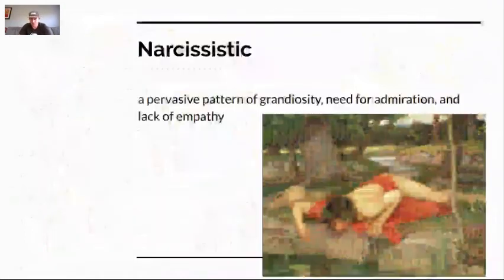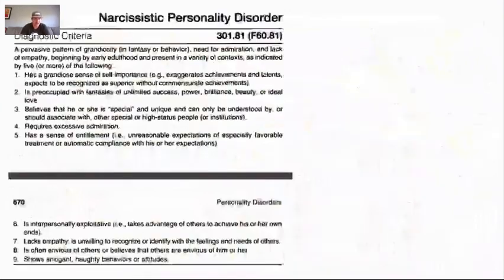Narcissistic. This comes from the Greek myth of Narcissus, who drowned himself by looking at his reflection, right? It's a pattern. You need grandiosity, you need admiration, lack of empathy, right? These kinds of things. Narcissistic personality disorder, let's take a look at that.